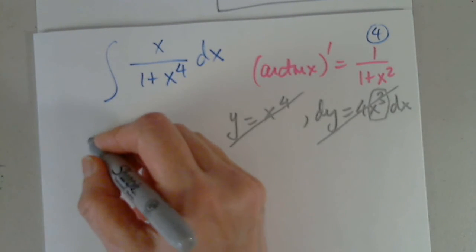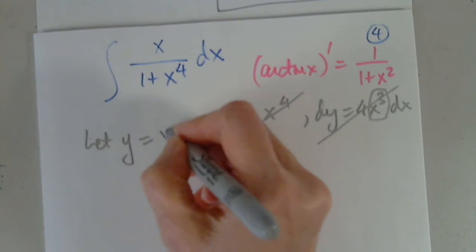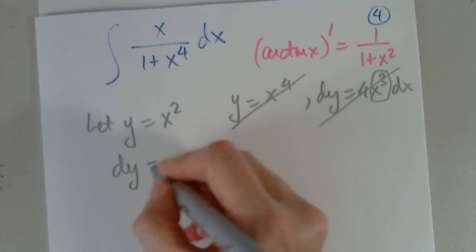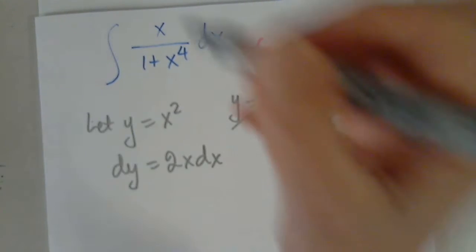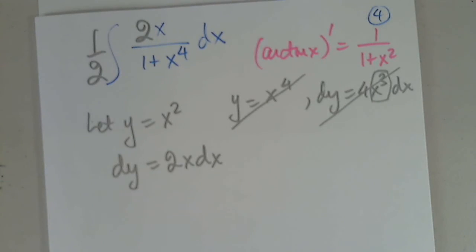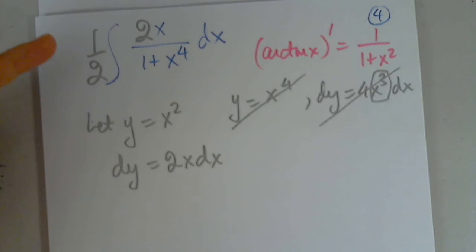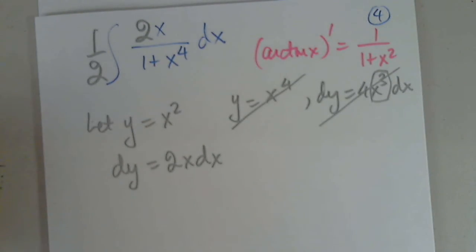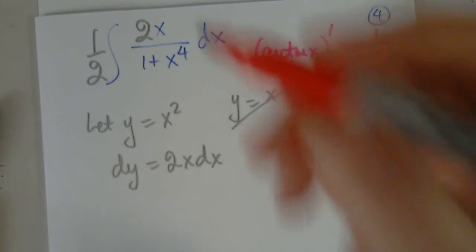But if I consider let y be x squared, it's a different story. dy equals 2x dx, and it's not a problem to multiply the numerator and the denominator by 2. I don't change the problem, the integral or the function, if I multiply by 2 and divide by 2. But now everything will be accounted for.